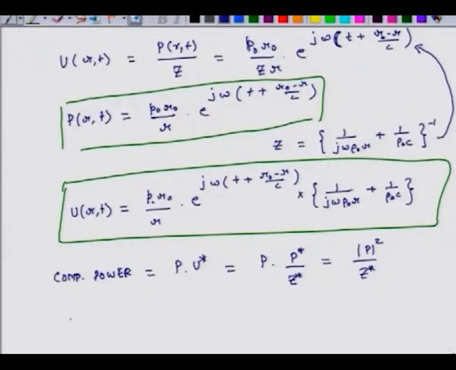Now, we know that 1 over Z equals 1 over j omega rho naught r plus 1 over rho naught c. Which means that 1 over Z star can be written as 1 over rho naught c minus 1 over j omega rho naught r.